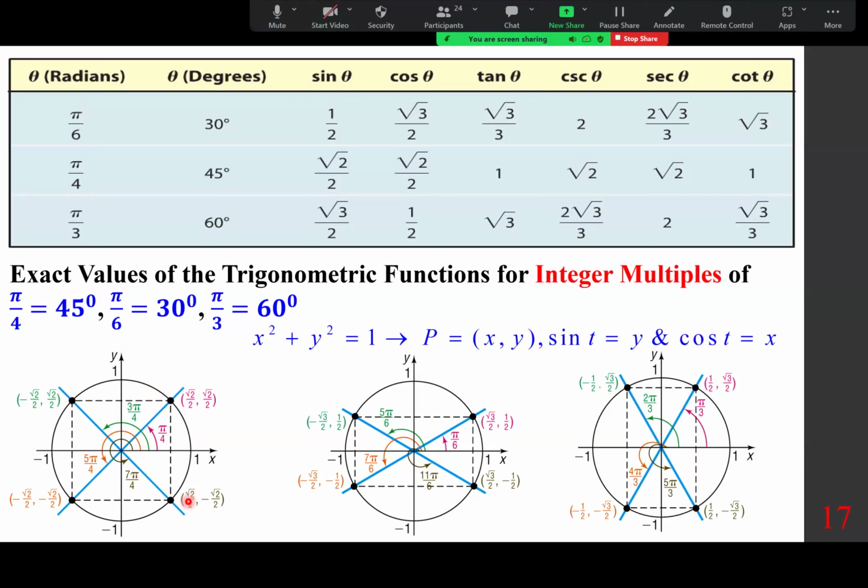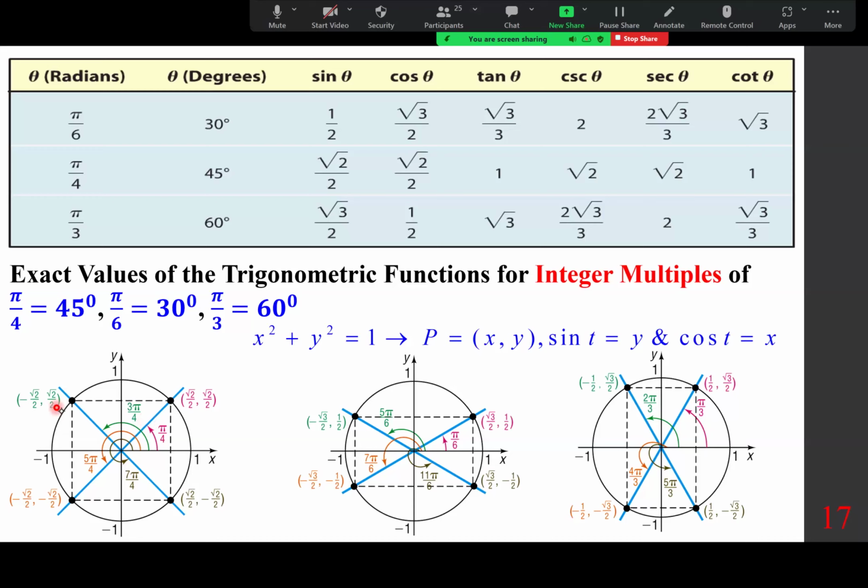If we drop a perpendicular to the x-axis and we continue, the x remains positive, the y becomes negative. Therefore, we should recognize that this one, which is multiples of pi over 4, in this case 3 pi over 4, cosine is negative, sine is positive.